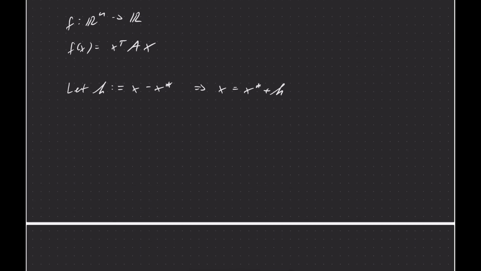Okay, so with this, f of x is just x transposed A x, and we want to express that in terms of x star somehow. We want to say that is a linear term defined in x star plus some error, and we just need to find out what this error is and how it behaves. So we can replace x by x star plus h, and we get this expression here.